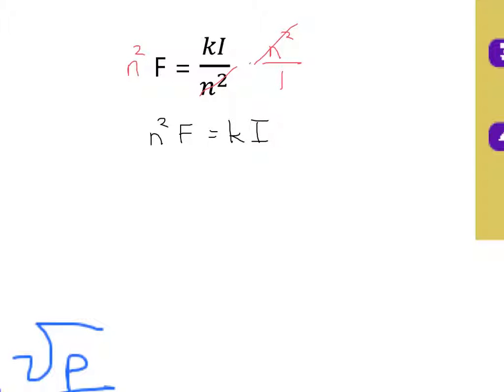Let's isolate the n factor by dividing both sides by F. And then these F's cancel.